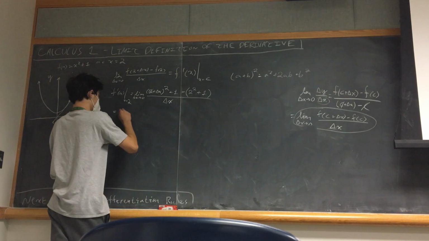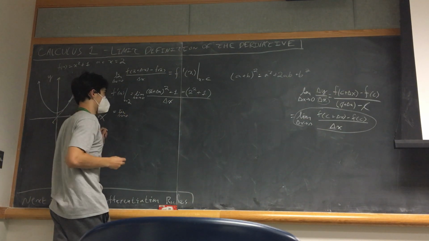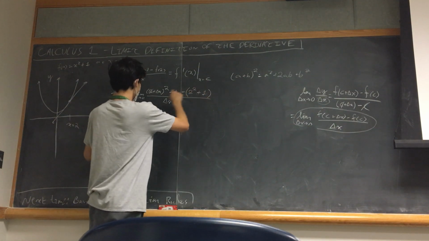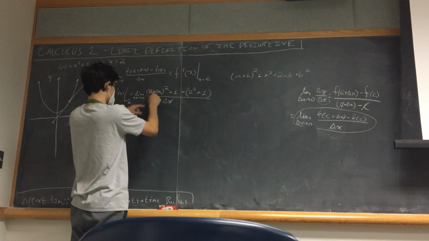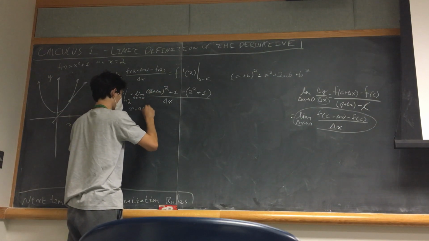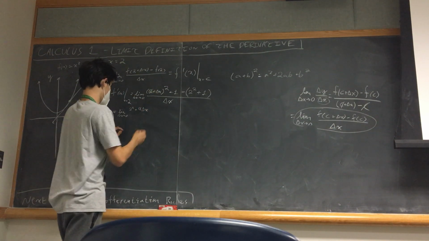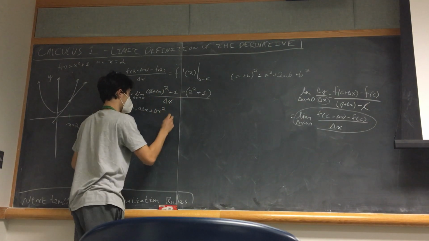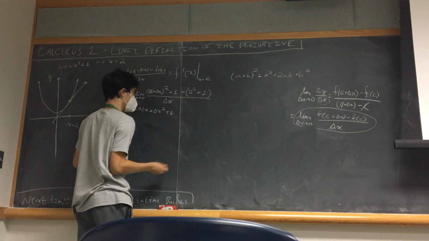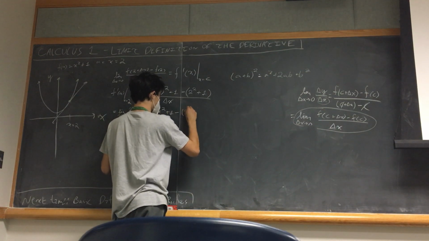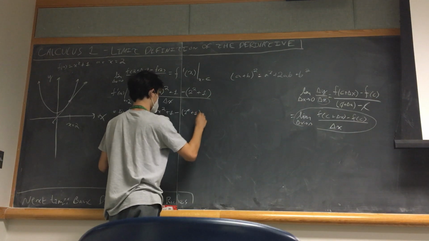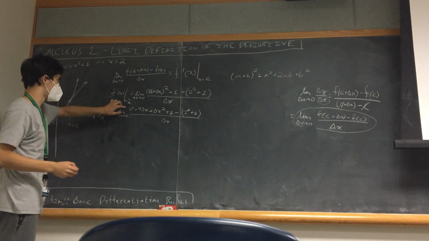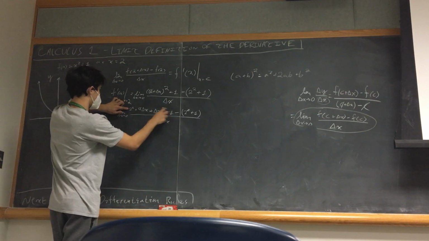So we get the limit as delta x approaches 0 of 2 squared plus 2 times delta x, which is 4 delta x, plus delta x squared plus 1, minus 2 squared plus 1, over delta x.